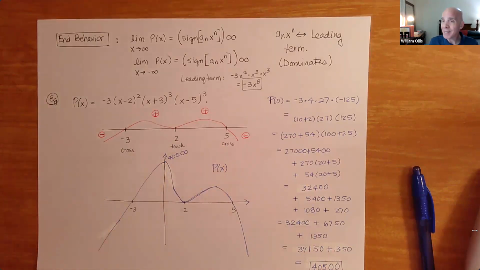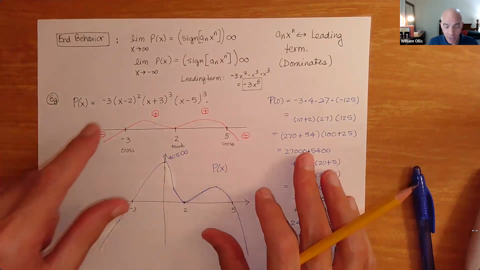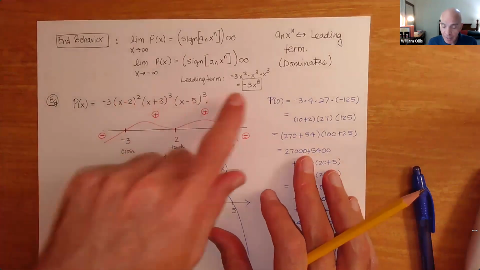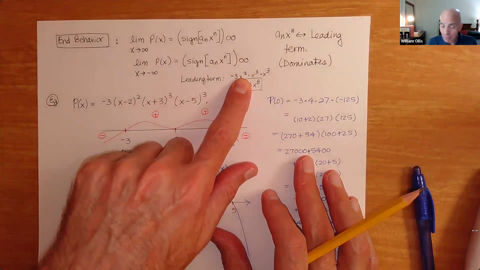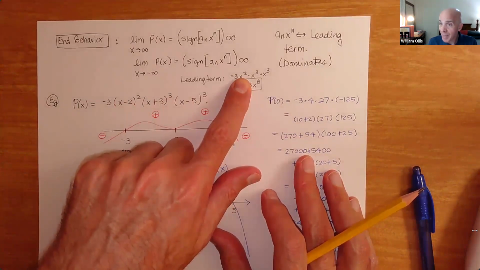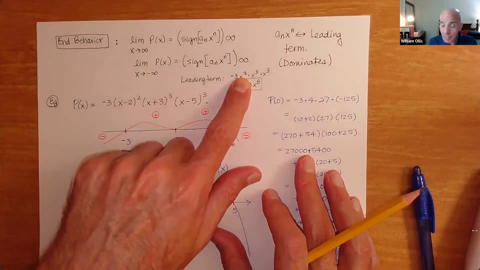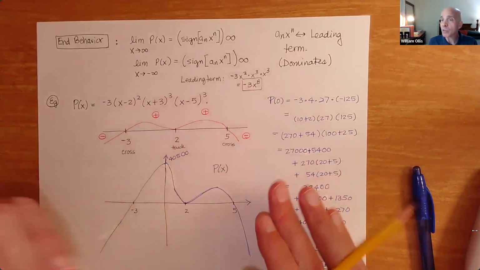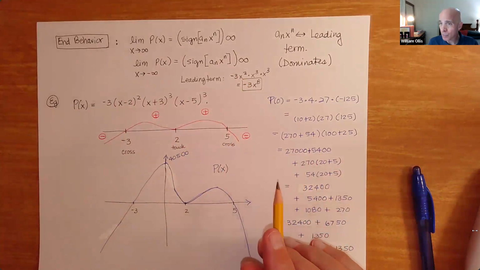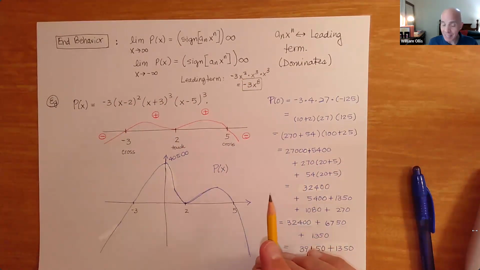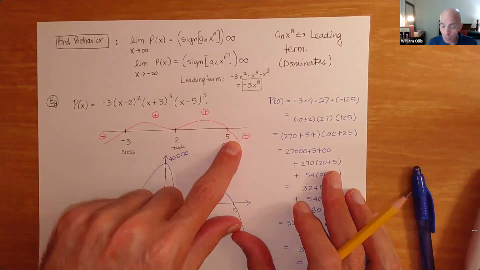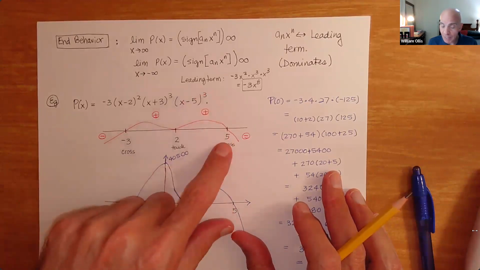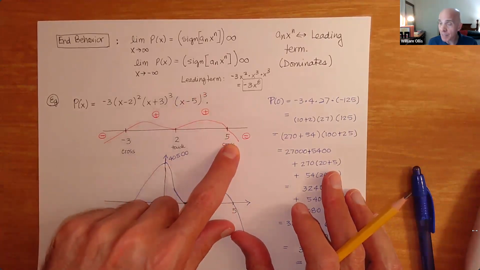So if we replace x with a positive number, again, the x here is to the 8th power. That's still a positive number. But then if we consider the sign of the leading coefficient, that renders the number less than 0, negative. So now we can see that the end behavior as x approaches infinity is indeed negative infinity.